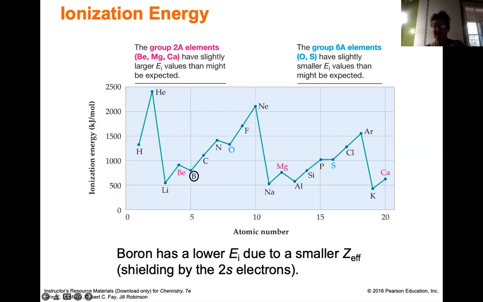But then oxygen has a set of paired electrons in one of the p orbitals. Electrons in the same orbital repel each other. So it's going to be slightly easier to take an electron out of oxygen because you're taking it out of an orbital that has 2 electrons, and that electron-electron repulsion is essentially helping you pull that out, because it's not as happy there as if it was in a single orbital all by itself.